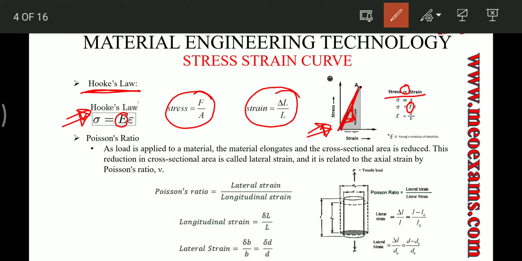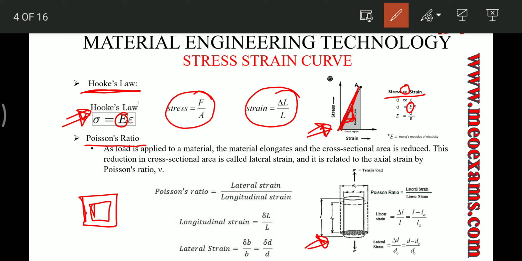Then we have Poisson's ratio. As we know, when we are applying force to a rod or to a body, in this figure I have shown a circular or cylindrical body, but this could be a rectangular or a square body.